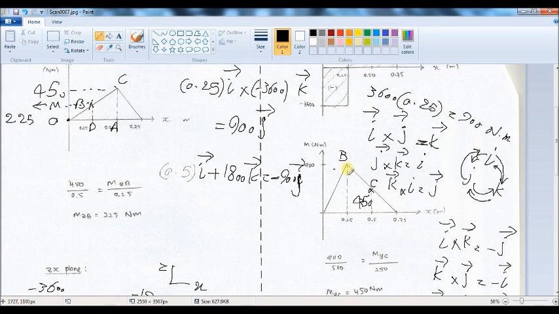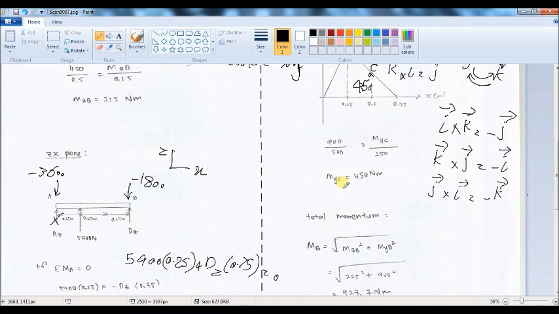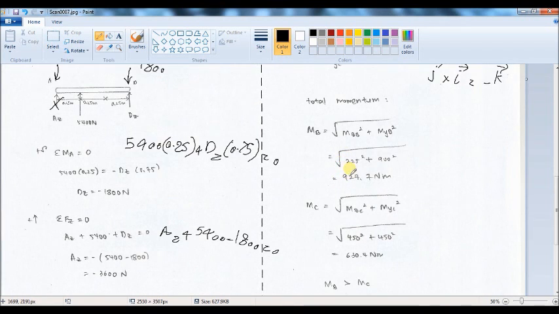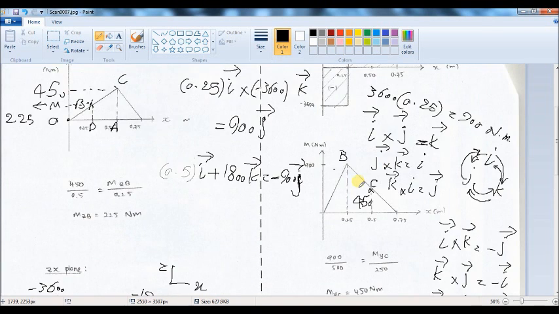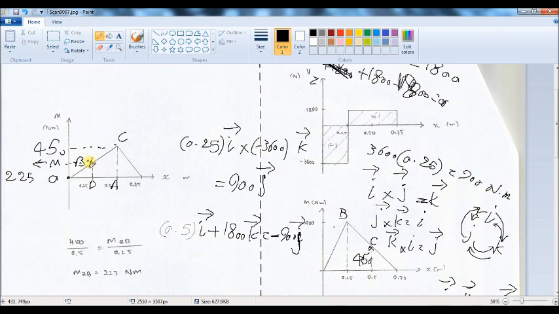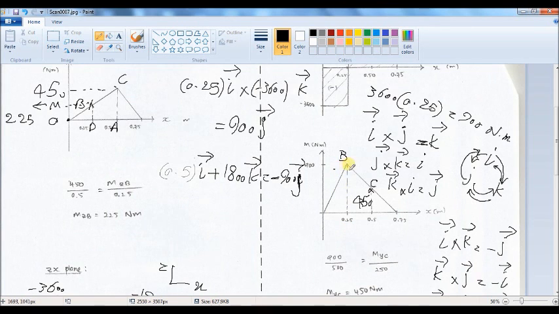Okay, now we found the moment at locations B and C in plane XY and the moment at locations B and C in plane XZ. Now we have to find the resultant moment at these two locations. Okay, that means I have to find the resultant moment at location B from plane XY and plane XZ. Here in plane XY, the moment at location B was 225 and here was 900.